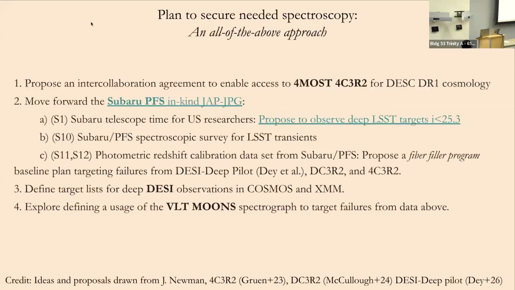How do you select the failures? How do you know that you will obtain the redshift? We cannot guarantee a priori that we would get a successful redshift in any case before having it.